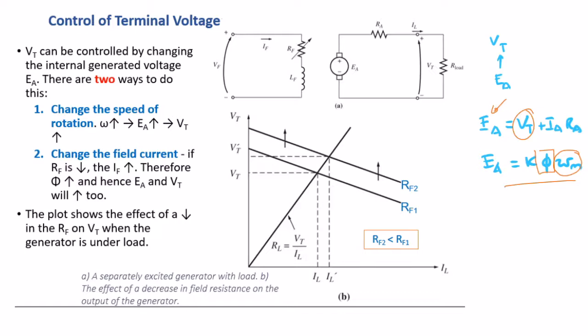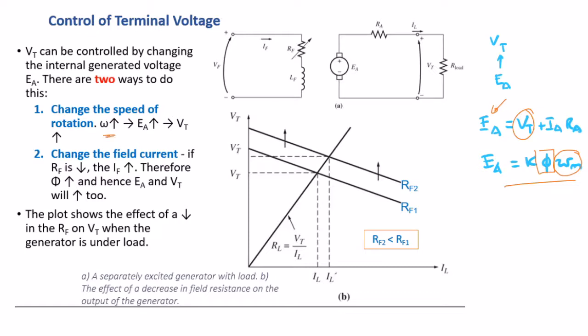So again, there are two ways of adjusting EA, i.e. by changing the flux or by changing the speed of the generator.